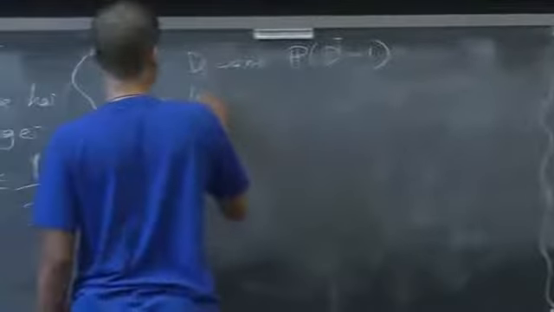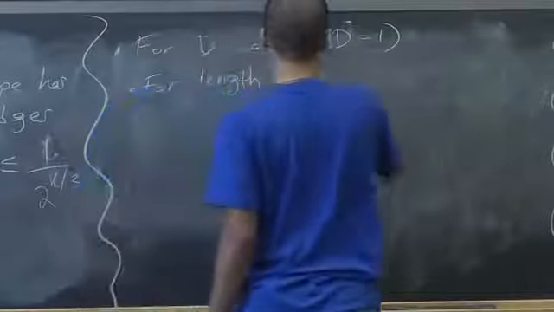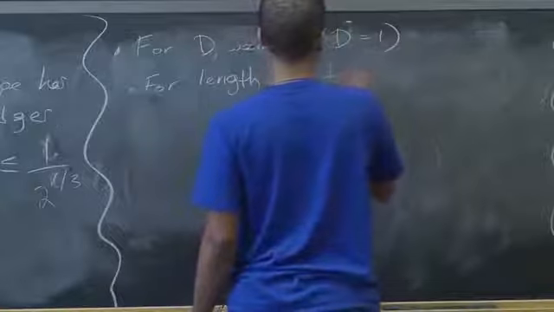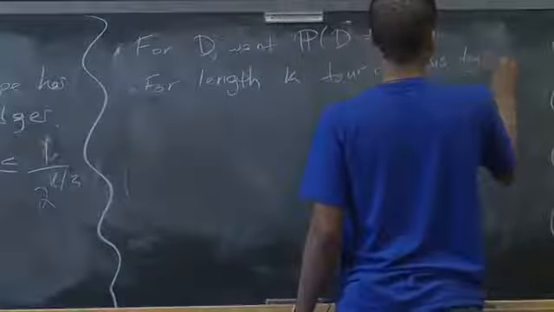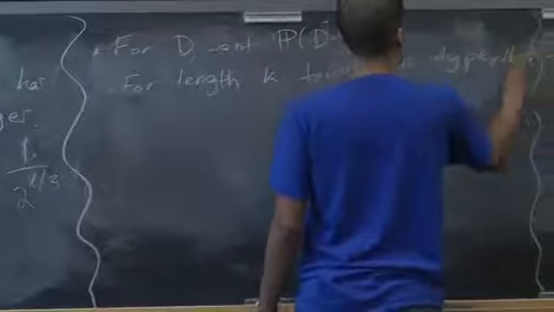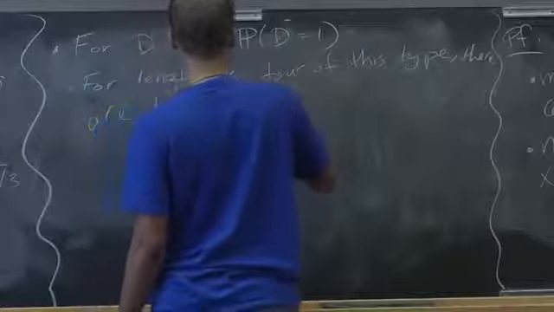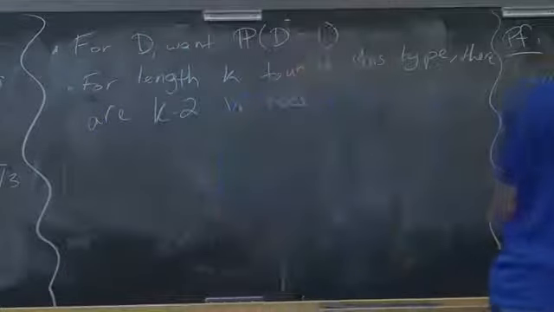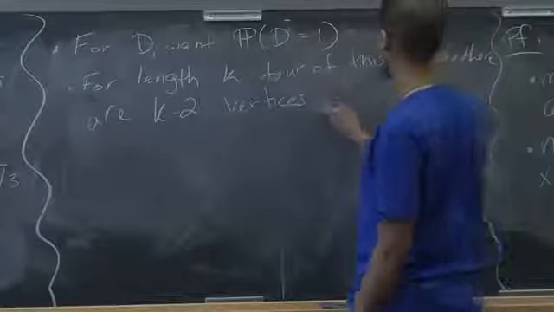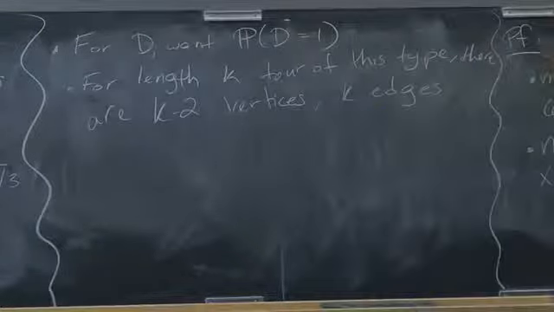So for a length k tour of this type, there are k minus 2 vertices. And by length k tour, I mean that there are k edges. Okay.